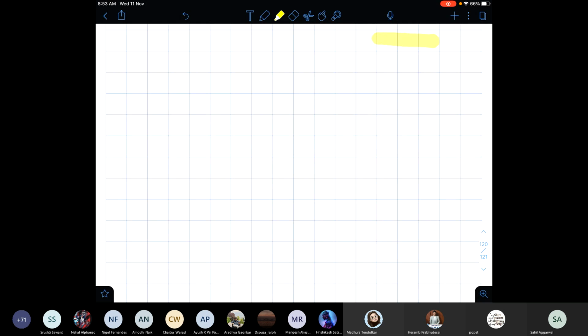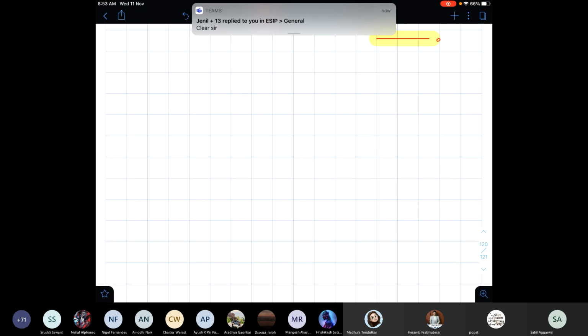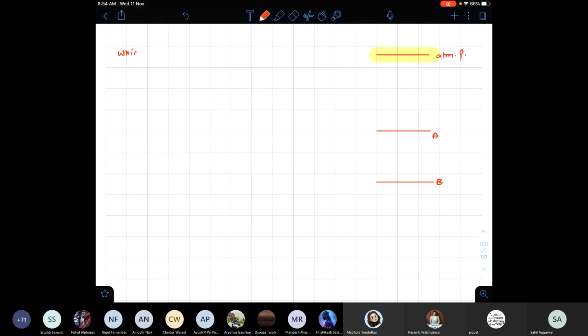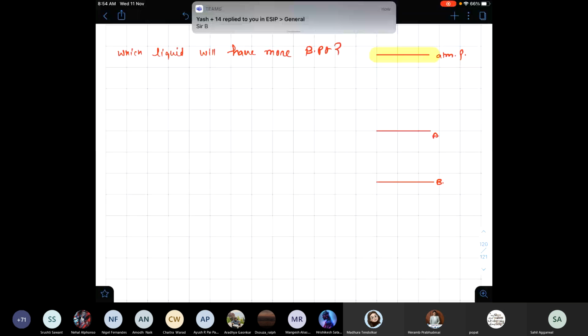If this is the atmospheric pressure, you have two liquids, A and B. Which liquid will have more boiling point? किस liquid को ज़्यादा heat करना पड़ेगा?